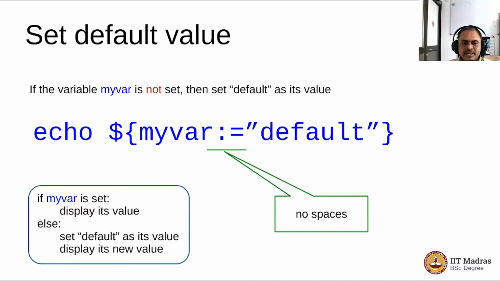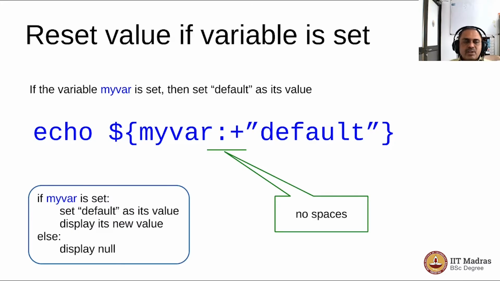If you wish, you could set a default value to the variable if it was not set, and the syntax is here colon equal to, and the logic is that if the variable is set, then its own value will be used, but if it's not set, then the variable will be set to the value that is given in this command like default, and that variable and that value will then be used.